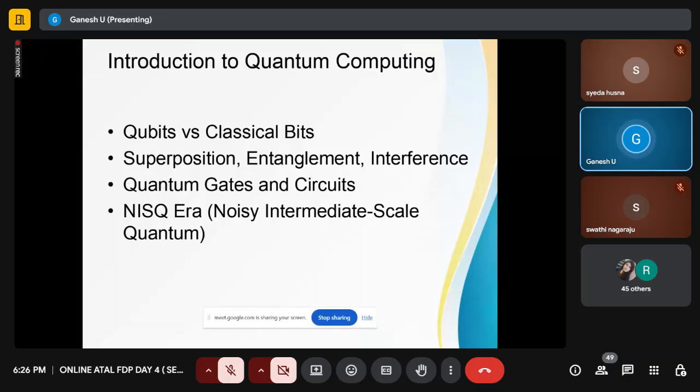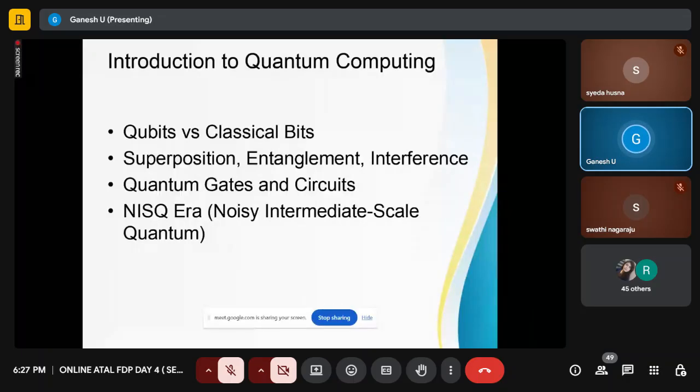Next, the importance: gates allow us to construct algorithms like Grover's algorithm and Shor's algorithm. Circuits implement operations like entanglement and superposition. These algorithms were discussed in previous sessions. So mainly the circuits are meant for these three properties.